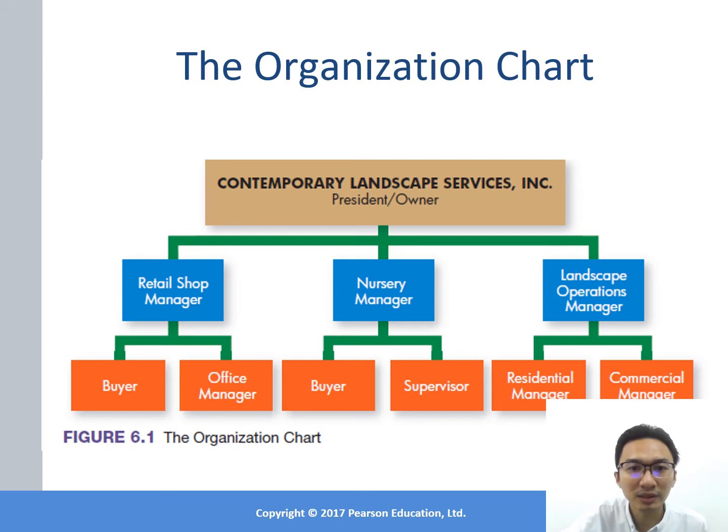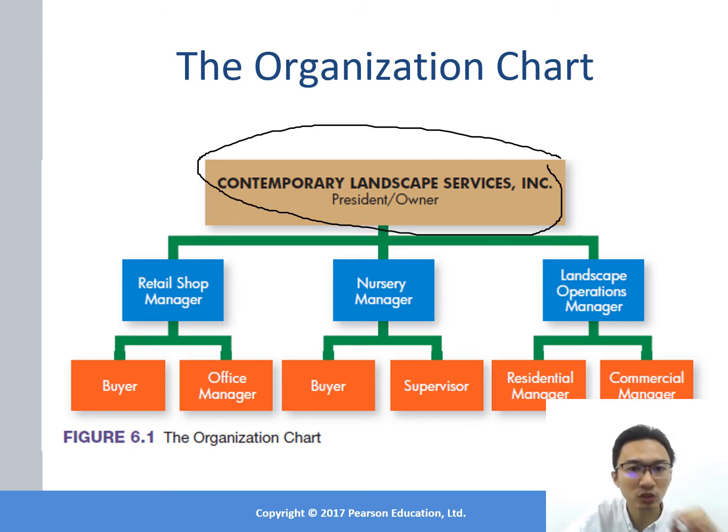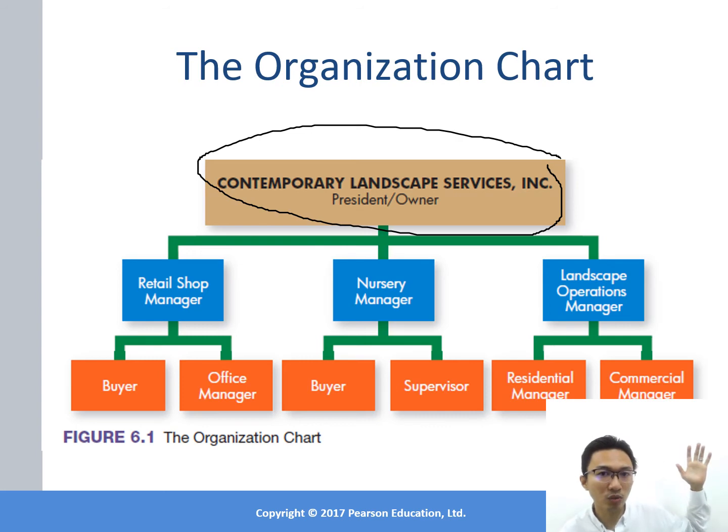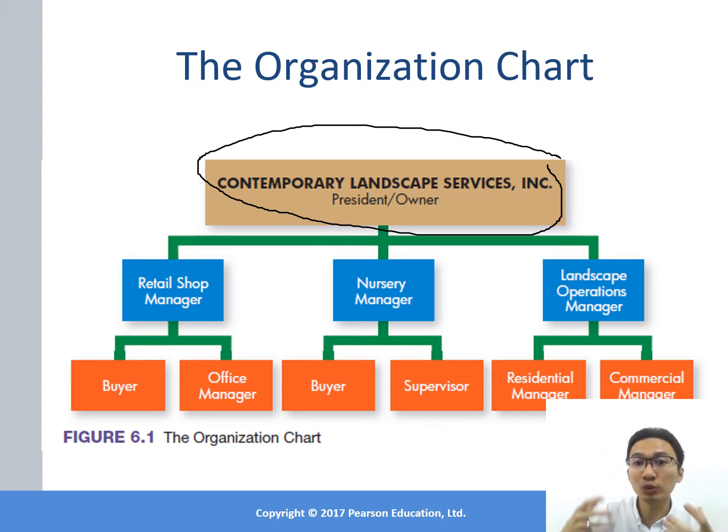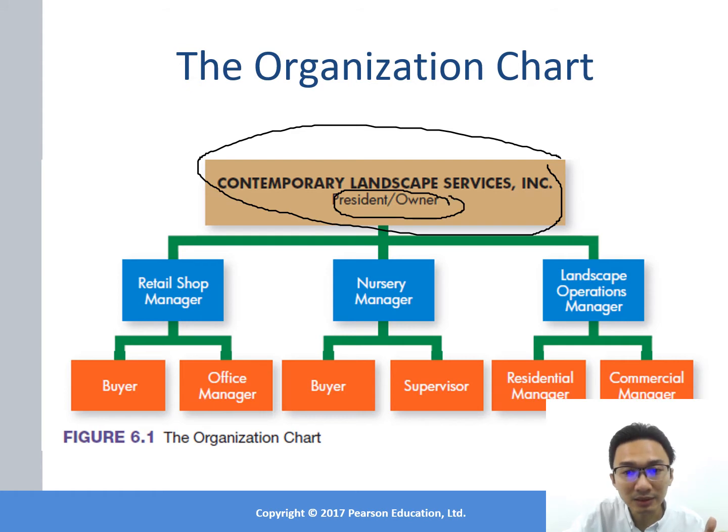As you can see here, each of these boxes represents a specific job. Normally this organizational chart, like I mentioned, they will put on the wall. They can also put it in their report, and on the website. What this tells us is, number one, specific jobs. Number two, they also tell the title itself or the positions.